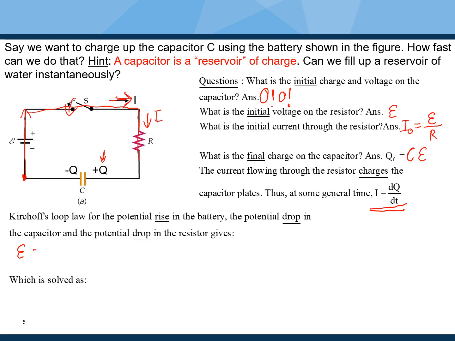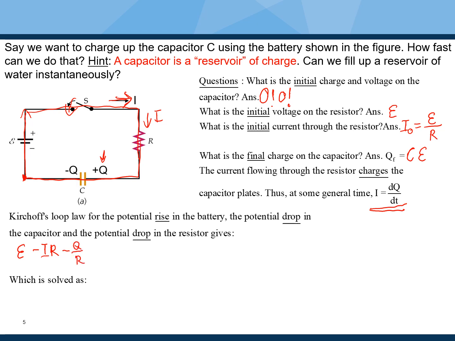So we have minus I times R. And then we're traversing this capacitor from its higher potential plate, namely its positively charged plate, to its negatively charged plate, so we have a voltage drop given by minus Q divided by C.